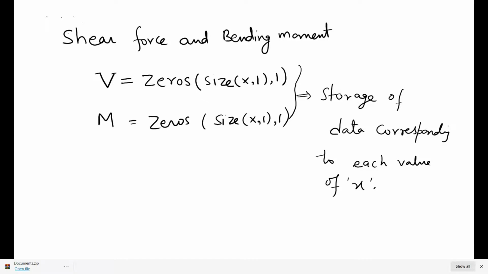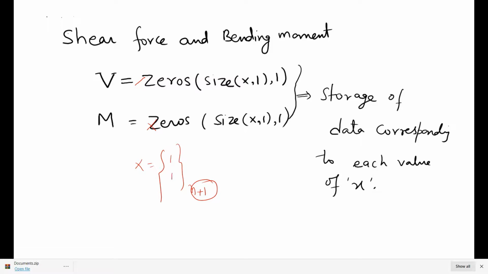So here it's showing the shear force and the bending moment. We have seen the storage in x; we have stored all the values of x, and that size was n plus 1.